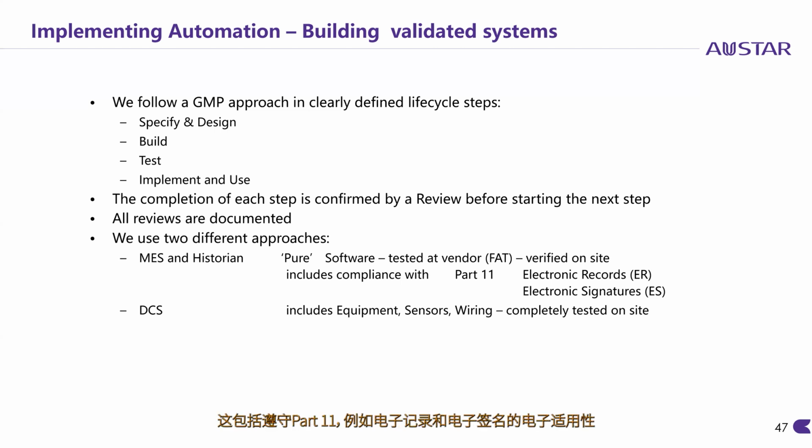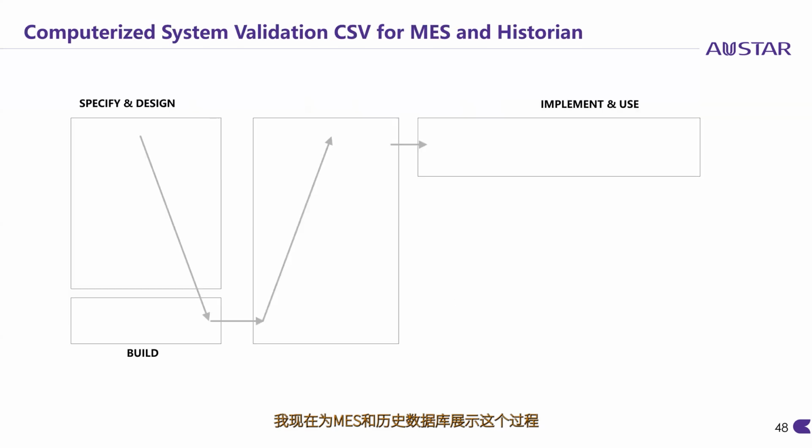This includes compliance with Part 11, like fitness for electronic records and electronic signatures. The second method is used by the DCS because it includes equipment, sensors, wiring. We have to do everything on site. So I show this process now for MES and Historian.